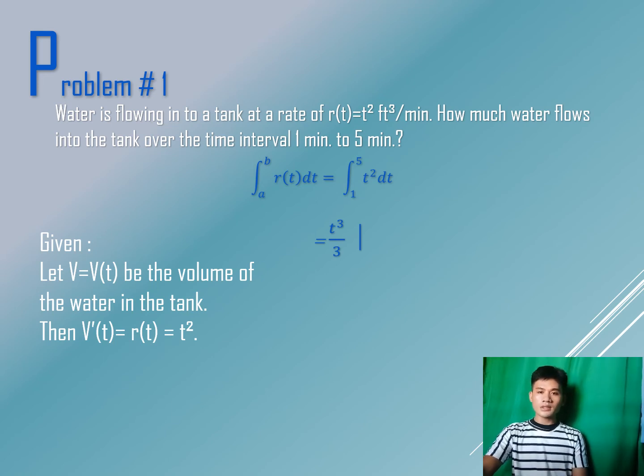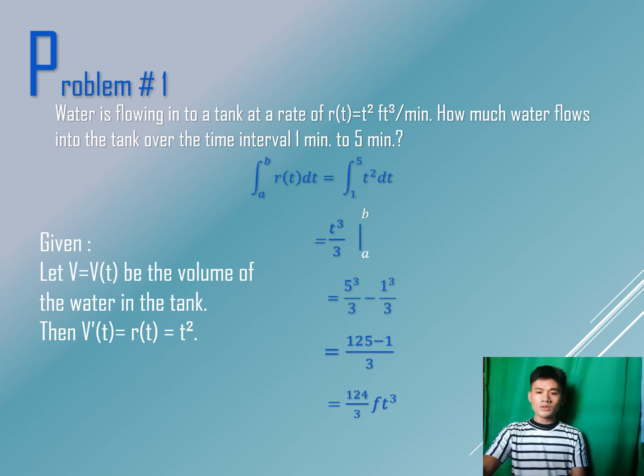In the power rule, we add 1 to the power itself and make it our denominator, so t squared becomes t cubed over 3, evaluated from a, which is 1, to b, which is 5.